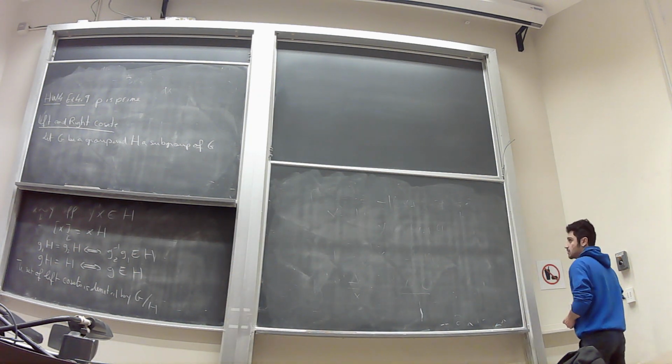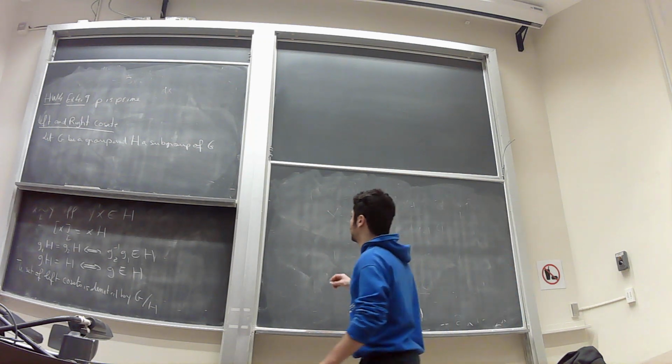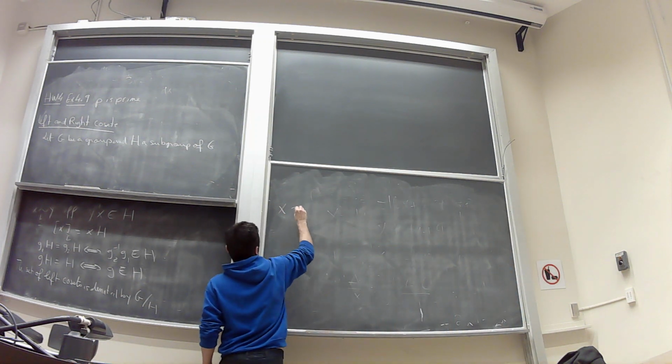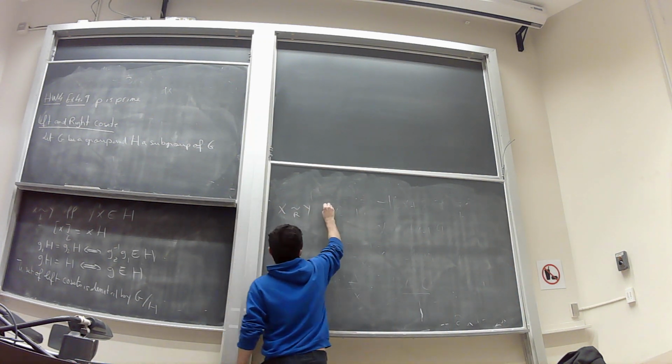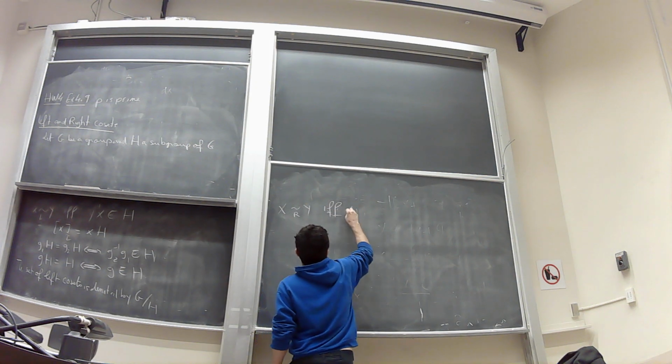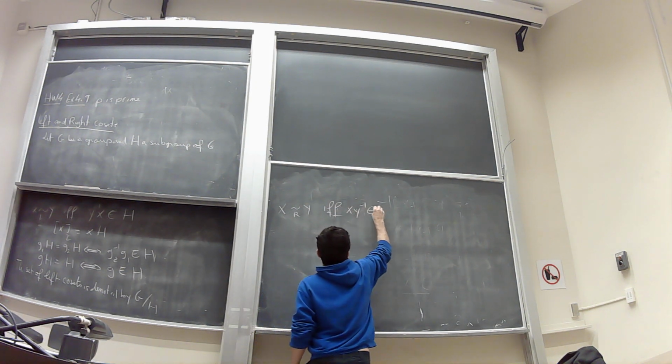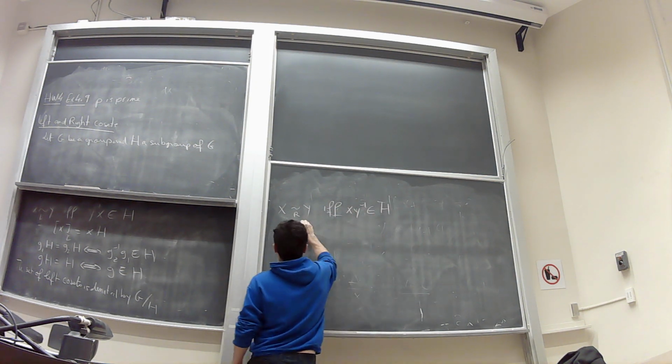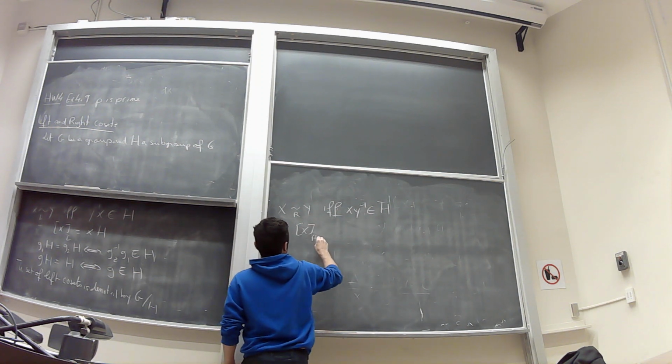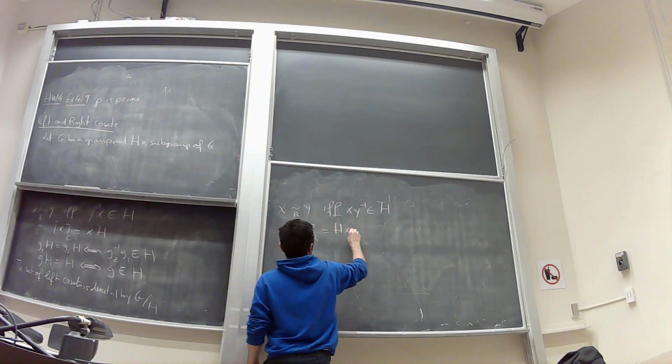Great, now let's look at the right cosets. The right cosets are equivalence classes of the following relation. The equivalence class of an x in R is a right coset.